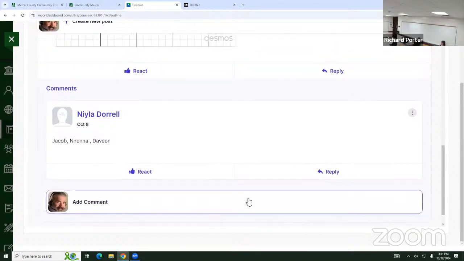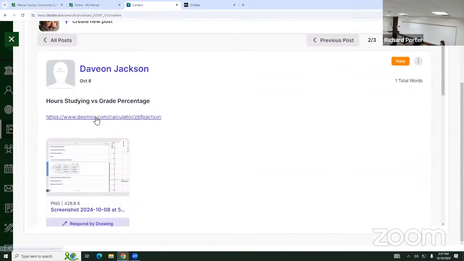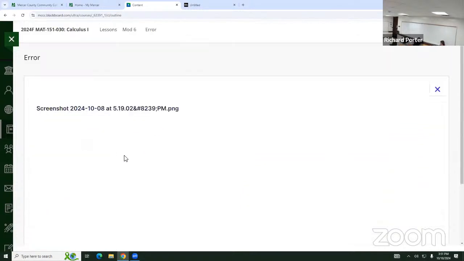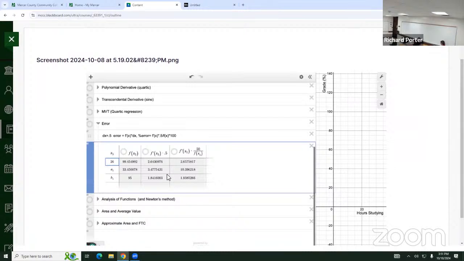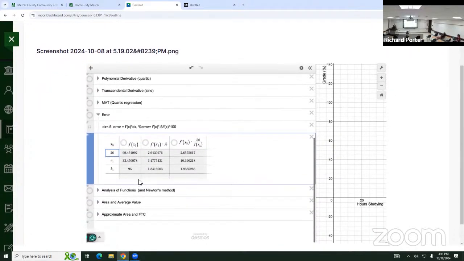Okay, I see who's in your group. Devon posted this. Again, Devon, oh, you want to go with the 20. Why didn't you tell us what A1 and B1 are?